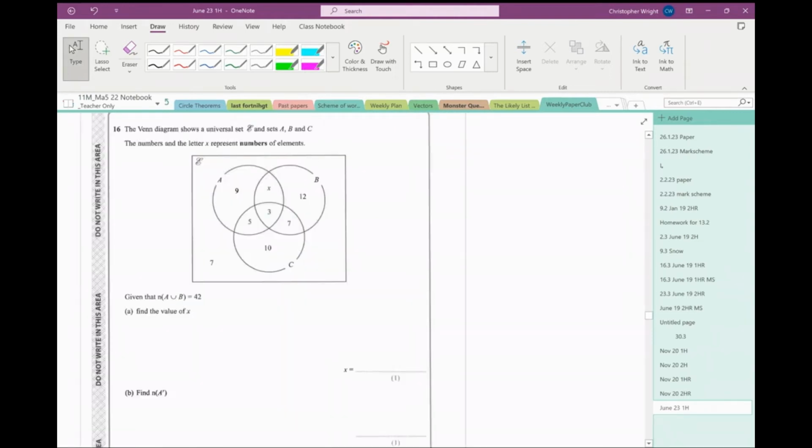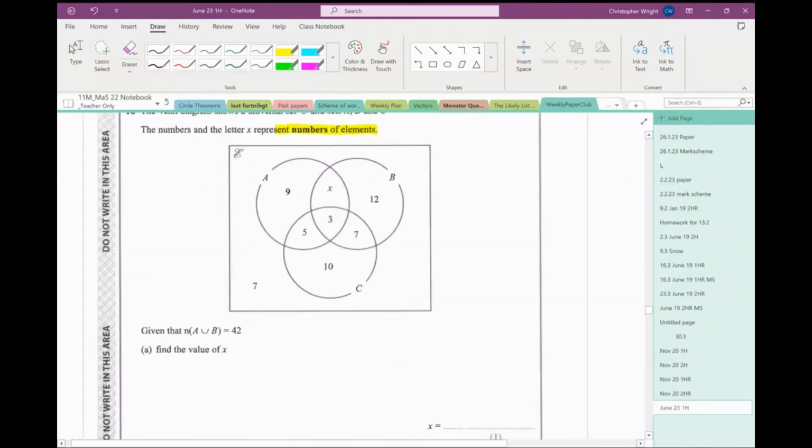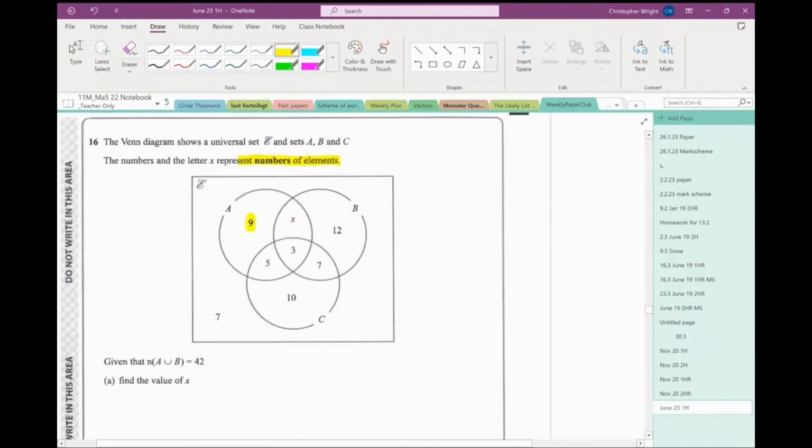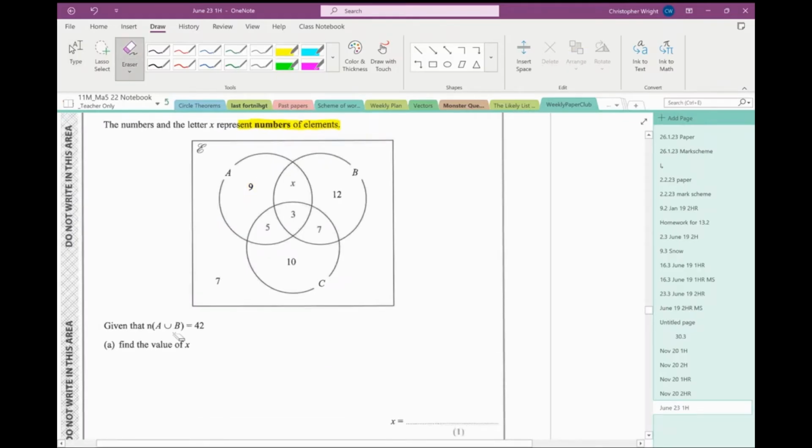Question. The Venn diagram shows the universal set and sets A, B, and C. The numbers and the letter x represent the numbers of elements. Right, so for instance, there are 9 elements here. Given that the number in A union B equals 42, find the value of x. Well, that means that all of these numbers added together must equal 42.